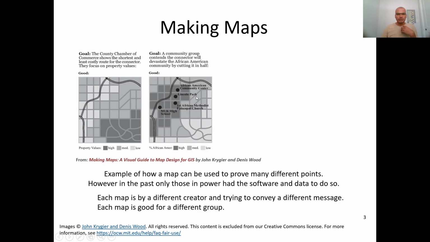But another community group condemns the connector because it passes through them and will divide their community into two halves, and they are opposing because it is going to affect their community.